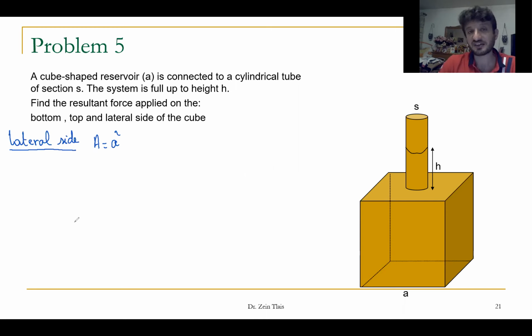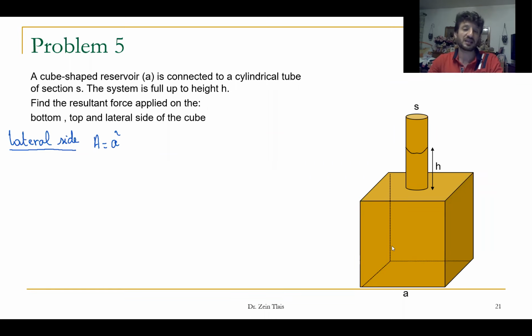I can ask you if P is constant at any point on this surface. No, because P will change with the depth. So P here is not equal to P here, is not equal to P here. I talked about this point before.